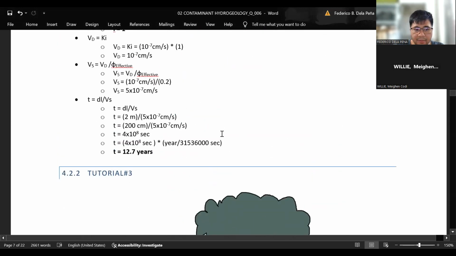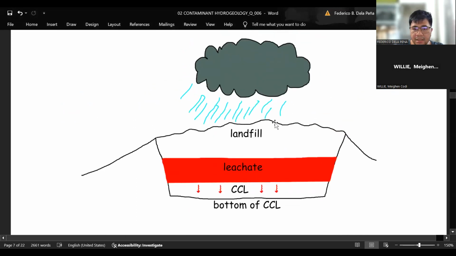All right, tutorial number 3. Basically the same situation as in the second tutorial, except that you have a thunderstorm, and it caused a rise in the leachate thickness. Actually, by design, the landfill should have a cover from the surface.